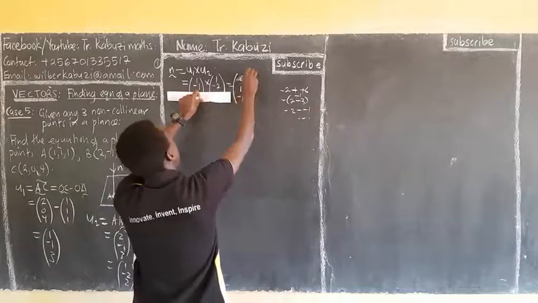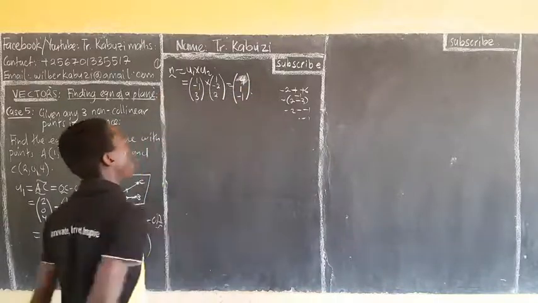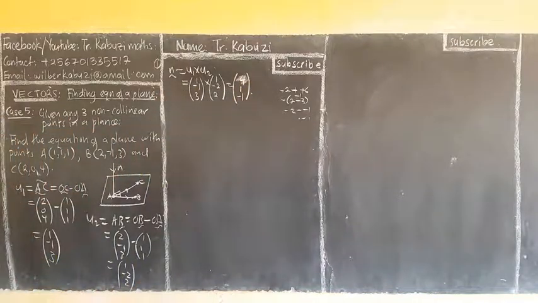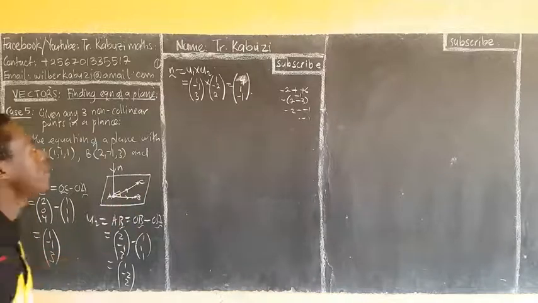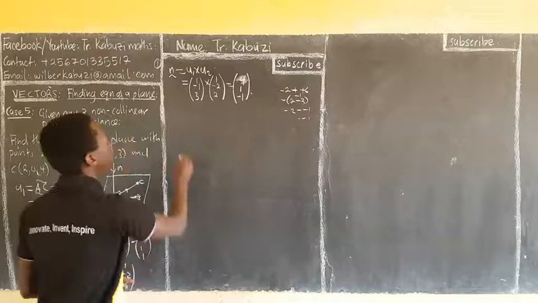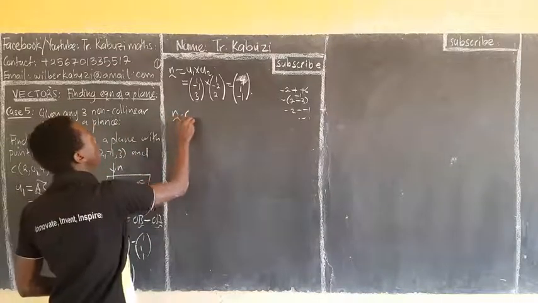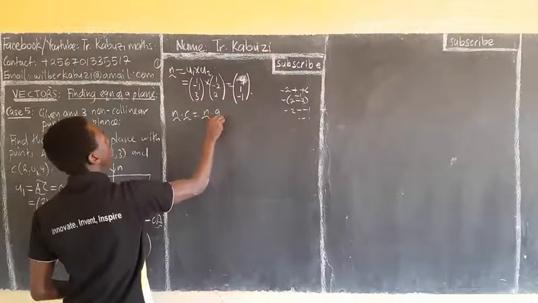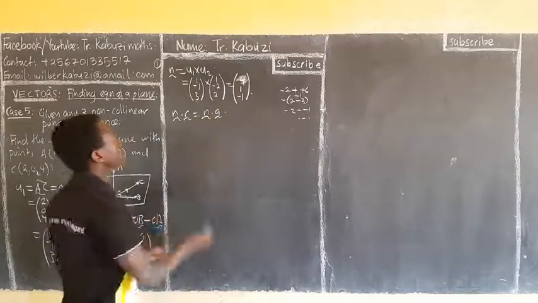This is negative 1. And so we are getting our normal. You can use any way of crossing. This is the method I use, so you can use your own method. Now, from my n dot r equals n dot a, we just substitute.